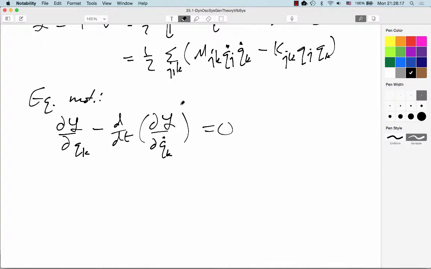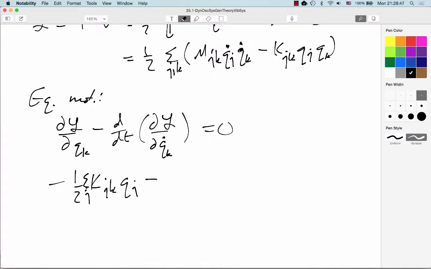So if we go ahead and differentiate away, differentiating by qk, I have minus 1/2 k jk qj, so that's a sum over j. Minus, from here, differentiating that gets rid of that.